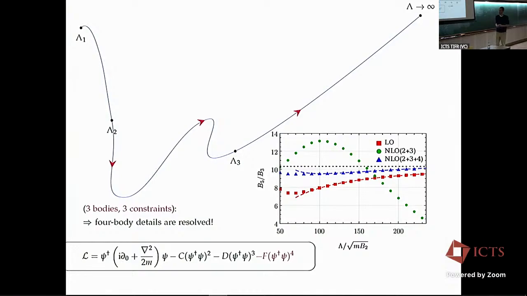a hypothesis where you generalize that, or where you think you understand how that promotion of operators goes systematically. Each of these is by naive dimensional analysis suppressed. So D shouldn't appear at leading order. F shouldn't appear at next to leading order. But what we find is that in the three-body sector, I have at leading order this promotion. In the four-body sector, I have at next to leading order a promotion of a four-body term.